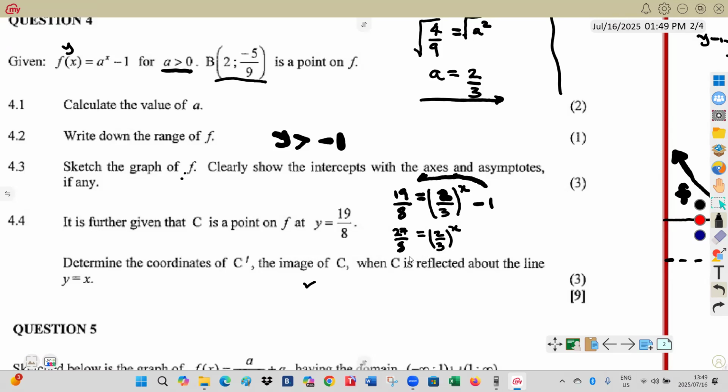Then, to solve for that, as we can see, this one can be written as 3 over 2 to the power 3, because 3 to the power 3 is 27, 2 to the power 3 is 8, being equal to 2 over 3 to the power x.